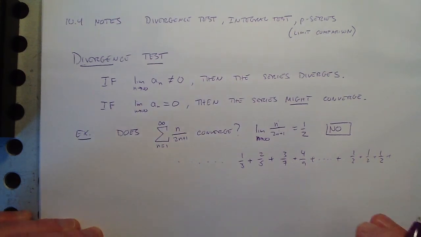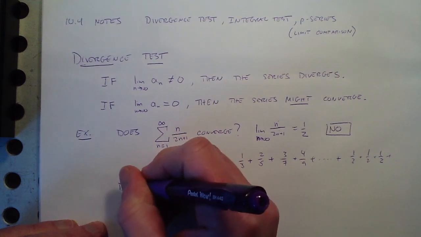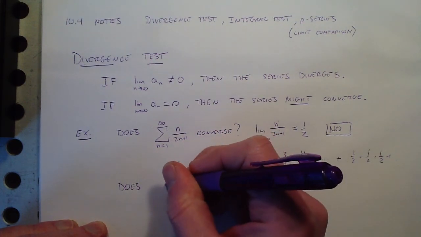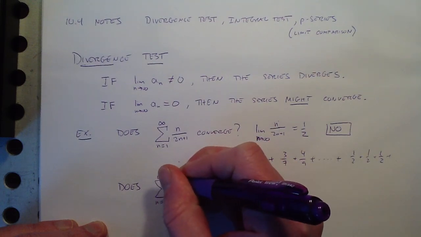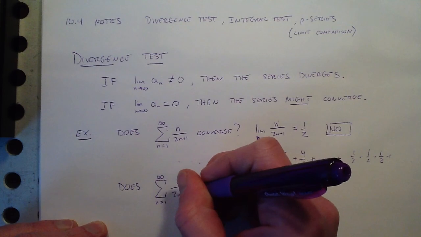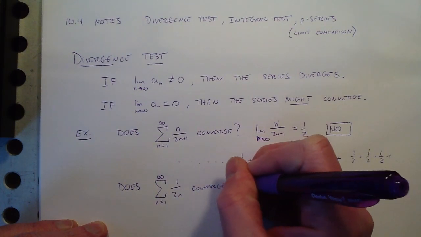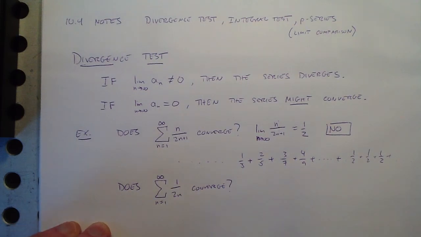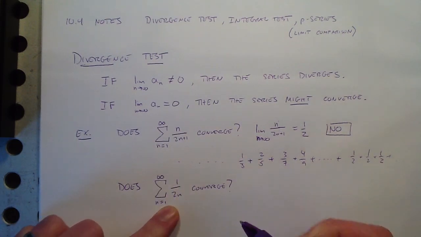Let's do one more example with that. How about this? Does the sum from n equals 1 to infinity of 1 over 2n converge? And you might notice, just like with integrals, sums are kind of like integrals, we could take the 2 to the outside.